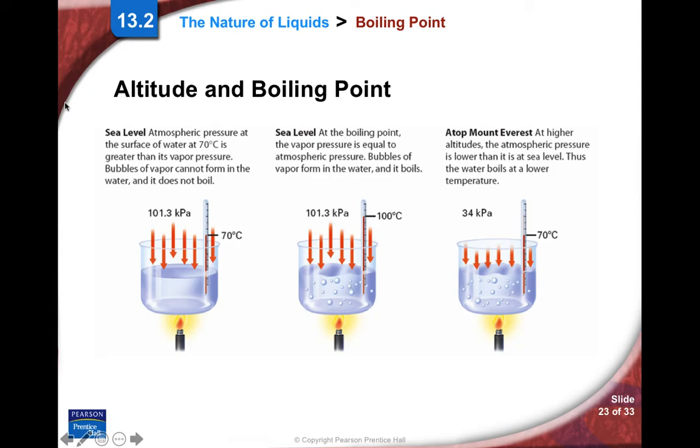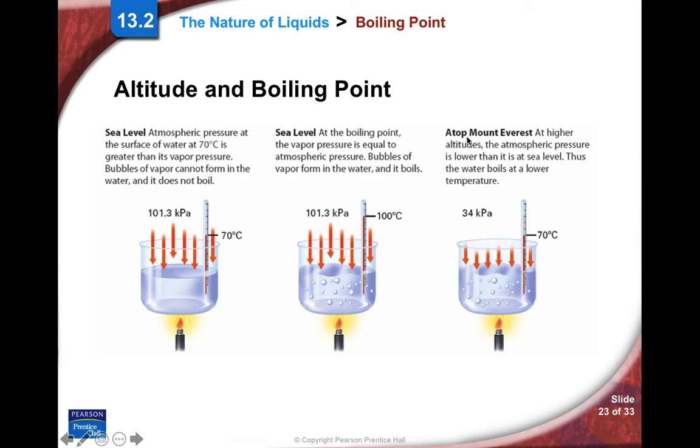So again, elevation or altitude and boiling point. Normal atmosphere, sea level. This is mean sea level. Of course, sea level changes during the day, but anyway, that's another story. But the surface pressure is 101.3. When the pressure gets to be that 101.3 kilopascals, water boils at 100 degrees at sea level.